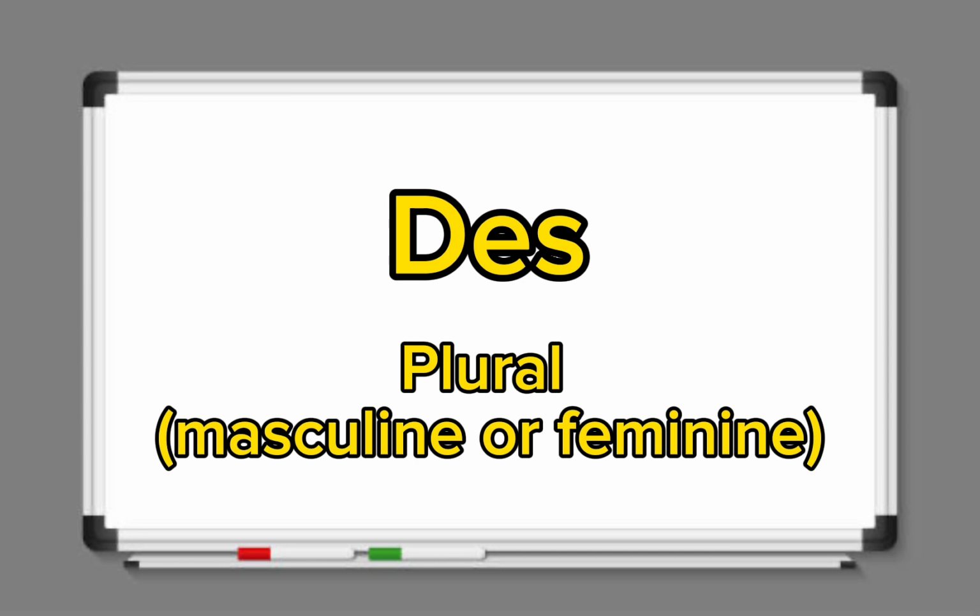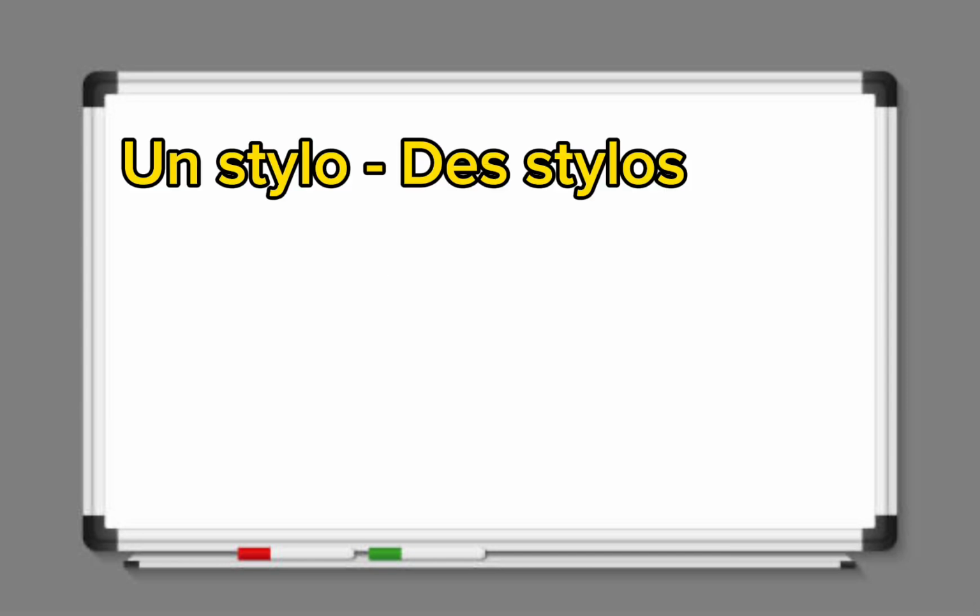Let's see some examples. First example, un stylo. Now you know what is the meaning of that? A pen. When you write it as some pens or pens, you have to write un as des. And the noun should be in plural form. So it becomes des stylos.